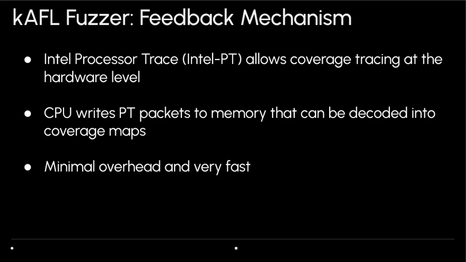We don't need to instrument the kernel source code to get coverage feedback because the CPU will give us that same information for free. No source code is required, and we don't need to recompile the operating system or kernel, and this will work on any operating system, closed source or open source.